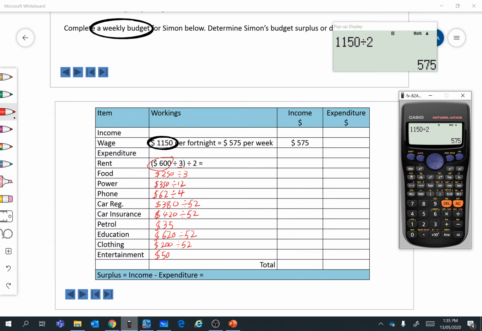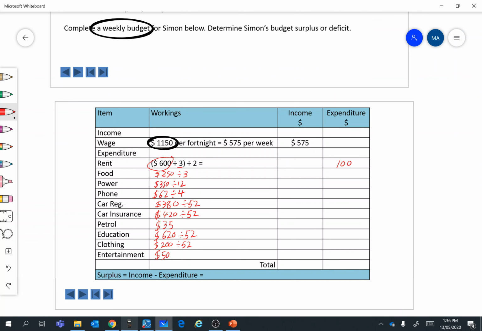So 600 divided by 3 is 200, divided by 2 means that rent is $100 per week for Simon. So that's going to go in the expenditure column.